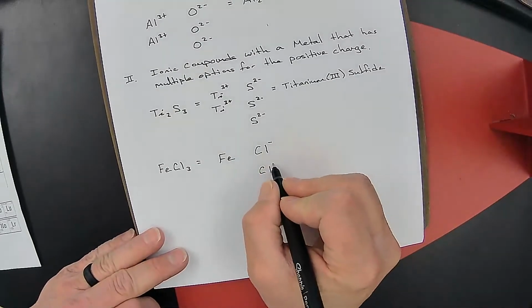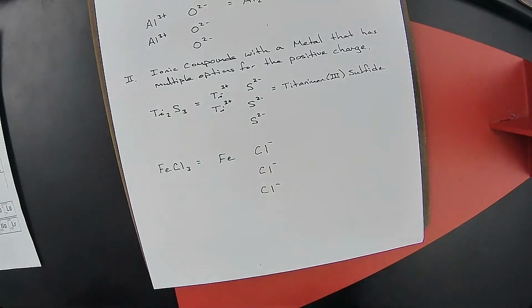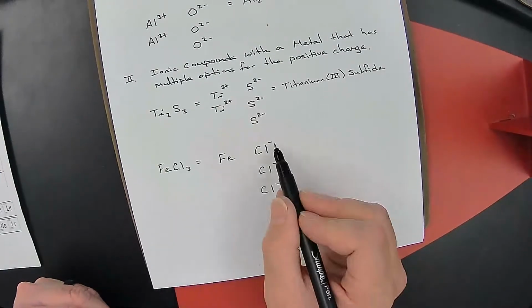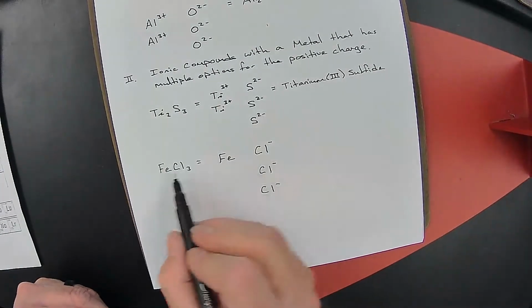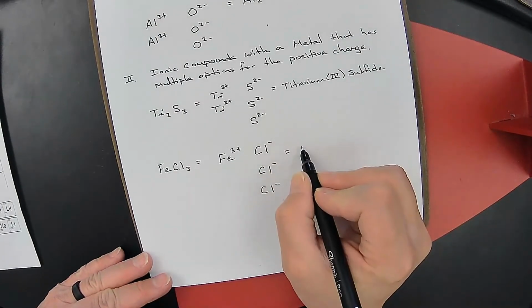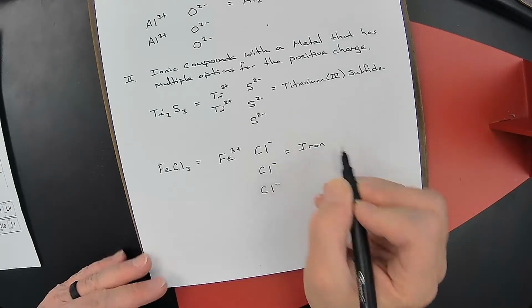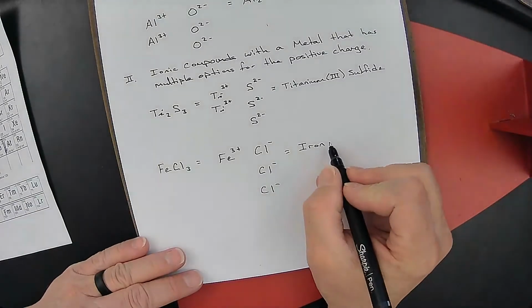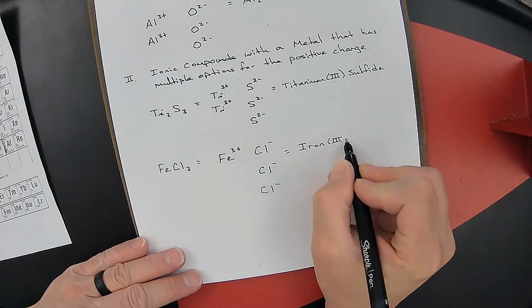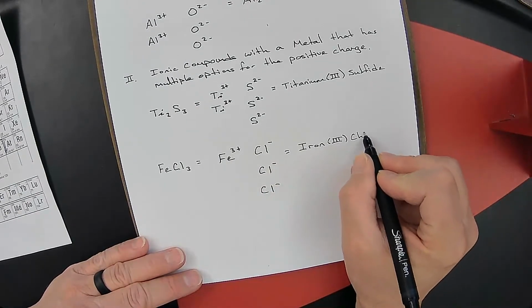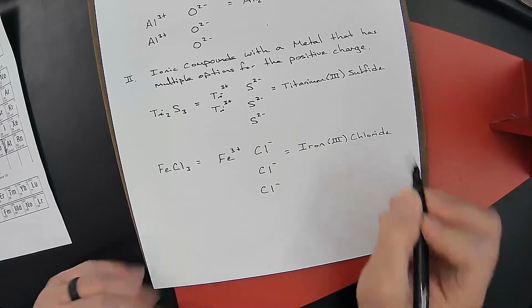So I'm going to look at the non-metal first with the 1 minus, and the 3 Cl 1 minuses add to a 3 minus total. So that means the 1 Fe must be a 3 plus. So the name of this would be iron. Because iron may have a 2 plus or a 3 plus, I have to identify it as a 3 plus, and then chloride on the end.